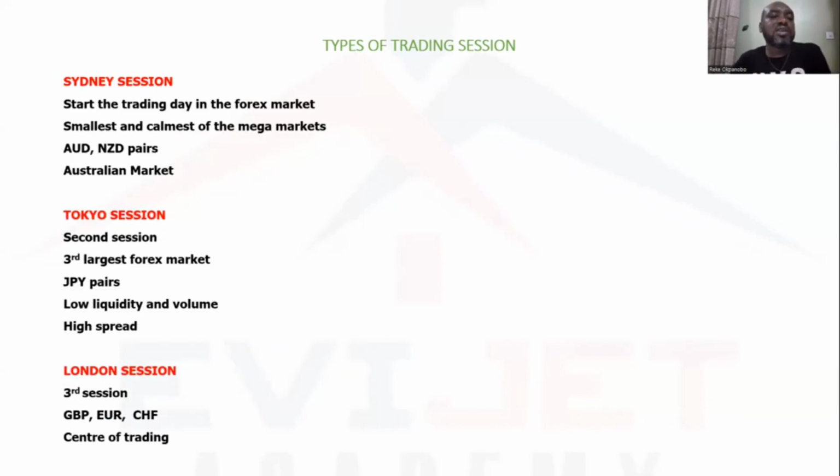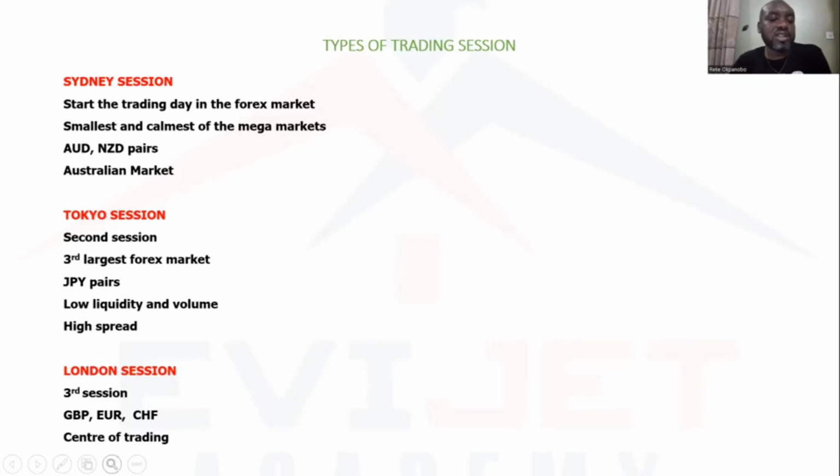Okay, so the Sydney session starts the trading day in the Forex market, smallest and calmest of the mega markets. What is traded there is the AUD and NZD pairs, Australian market. Then we have this Tokyo session, which is the third largest Forex market, JPY pairs, low liquidity and volume, high spread.